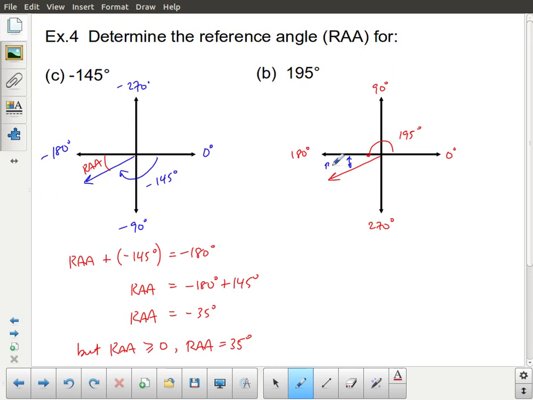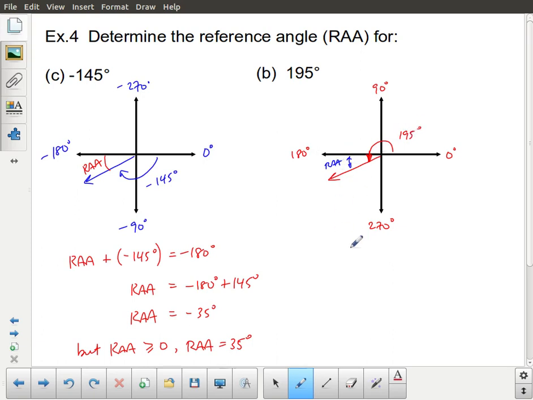Now this is a new configuration because my related acute angle is actually contained in my original angle. So how do I deal with that? The way to deal with that is to say that the related acute angle went past 180 degrees to end up with our principal angle.